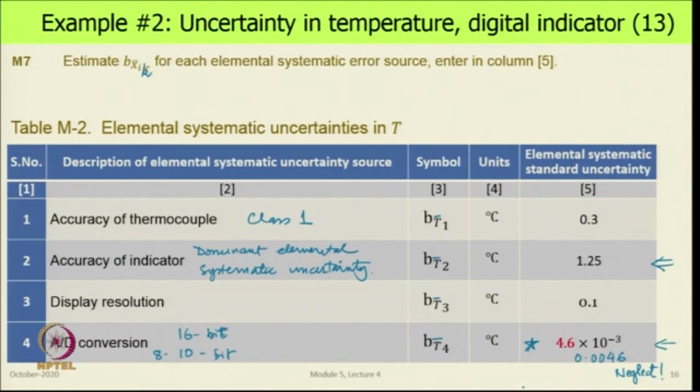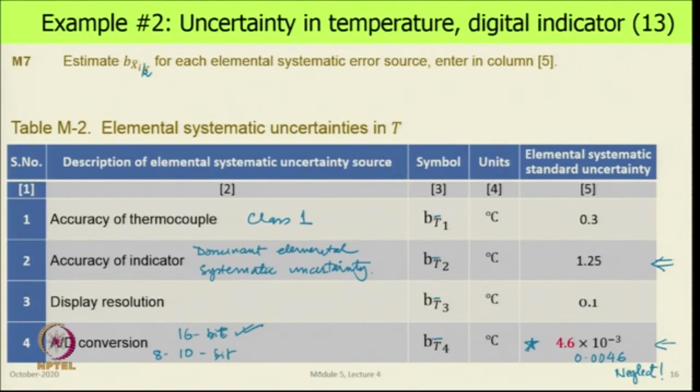In that case, our strategy would have been increase the number of bits in the A to D converter, and then we could say, okay, I will take this one with the 16-bit converter. Then the uncertainty due to conversion is negligible. But as you go from 8 to 10 to 12, 16, 20, 22, 24-bit converters, the cost increases substantially.